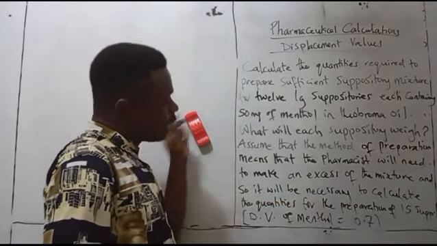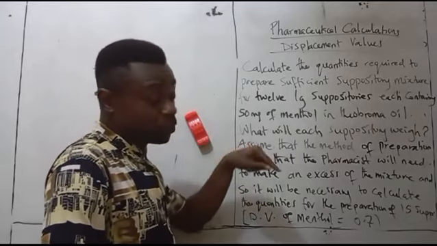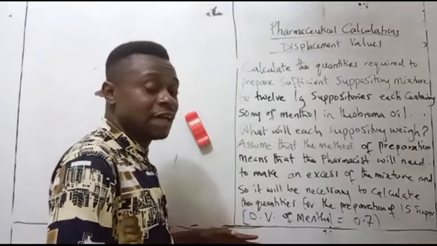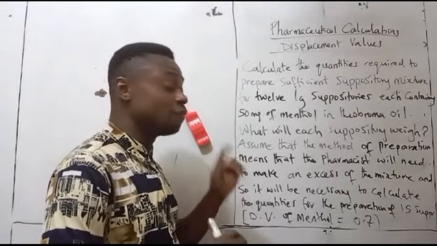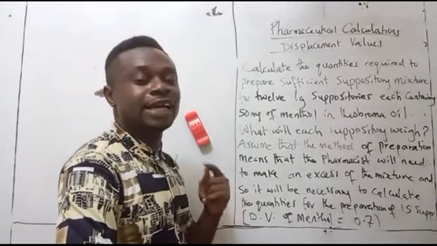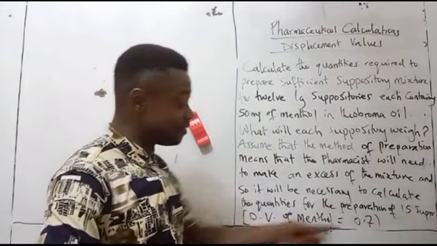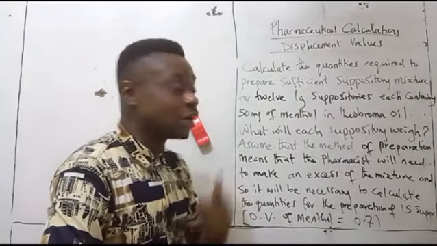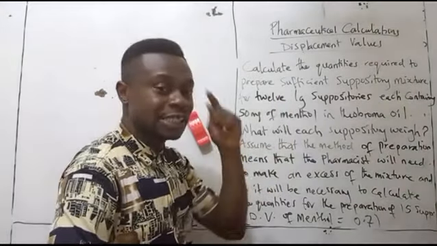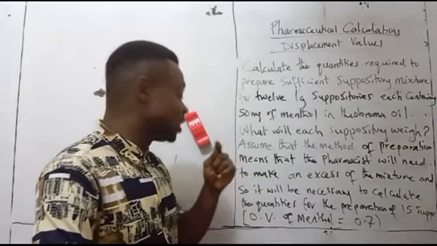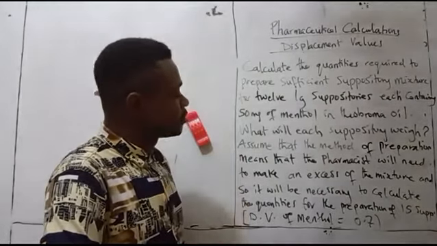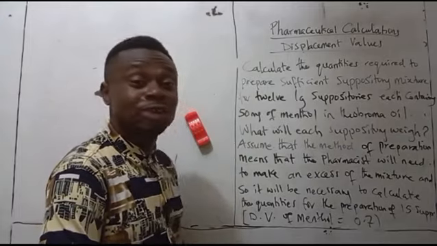Then we write the amount of theobroma oil. After we add everything and get the total weight of the 15 suppositories, to get the weight for one suppository, we divide the total weight by 15. That gives us the weight of one suppository. And that weight must be less than 1 because the displacement value of menthol is less than 1. With this, we are good to go.